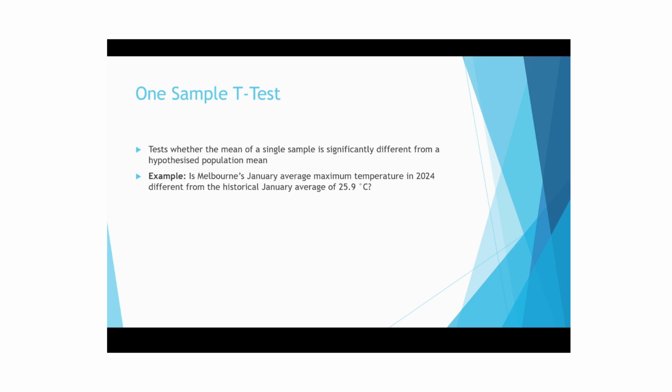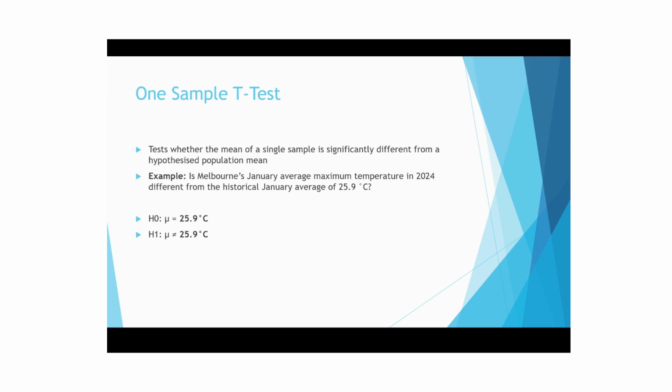For example, here we are asking, is Melbourne's January average maximum temperature in 2024 significantly different from the historical January average of 25.9 degrees Celsius? Our null hypothesis H0 states that the mean temperature is equal to 25.9 degrees Celsius.